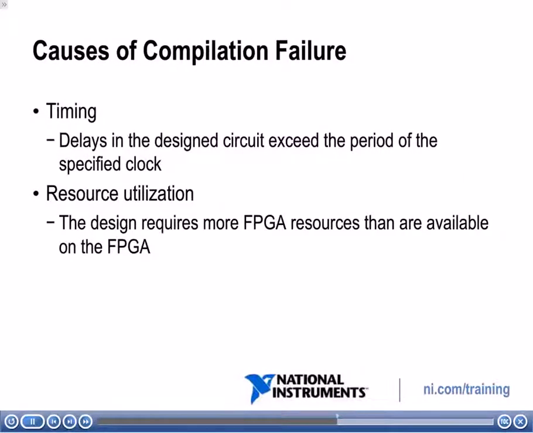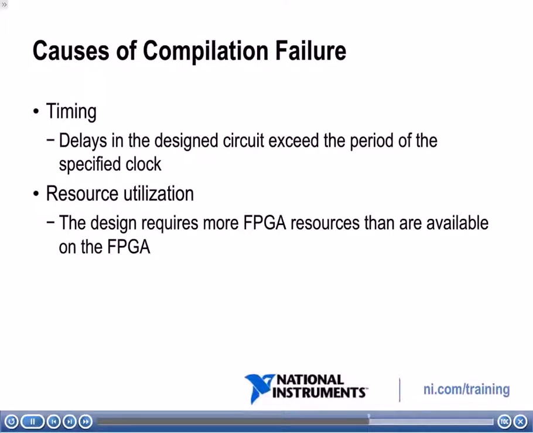Here we describe the two causes of a compilation failure. One would be timing. For example, if your FPGA VI is asking for a loop rate that is higher than what your FPGA can implement, the delays in the design circuit exceed the period of the specified clock, and your FPGA compile will fail because it couldn't meet the timing requirements. Another reason your compilation might fail is resource utilization.